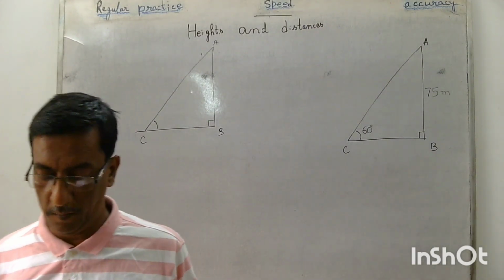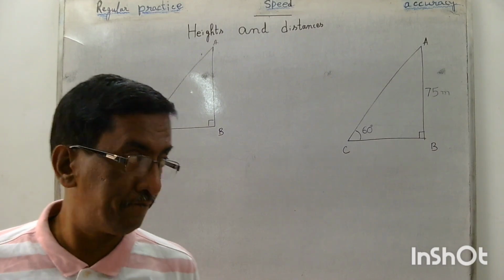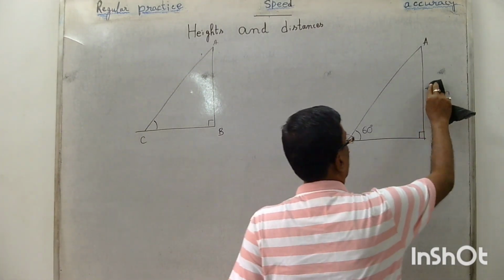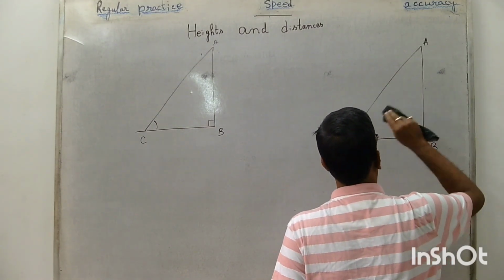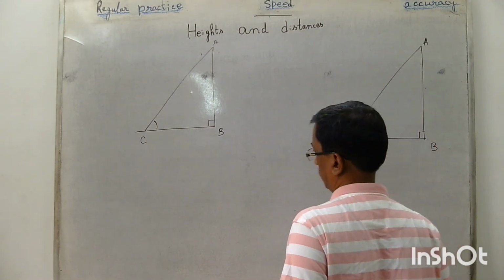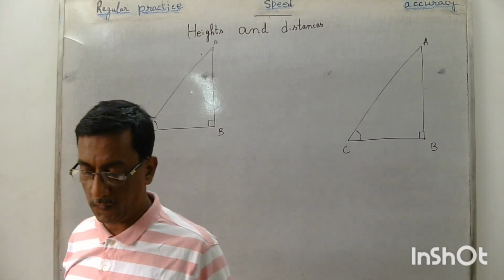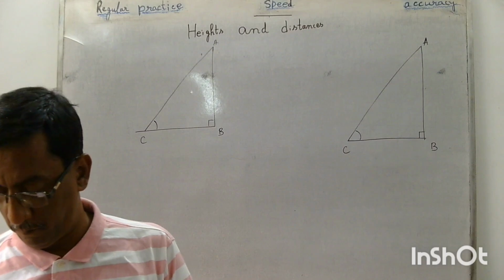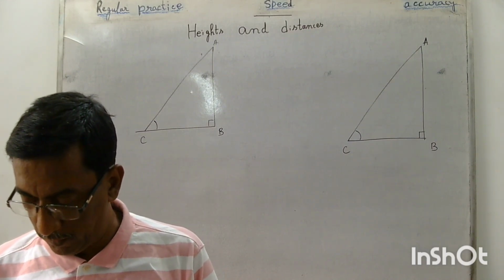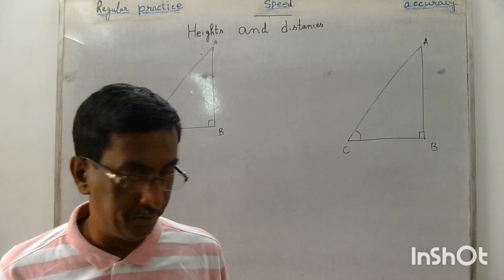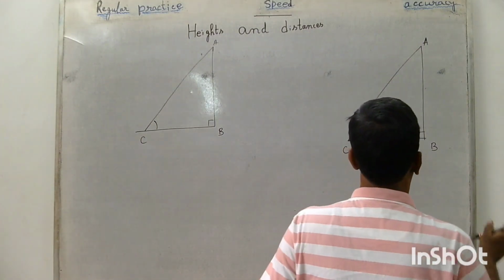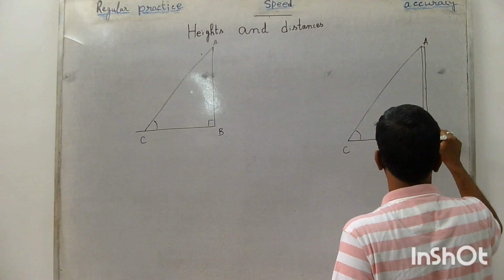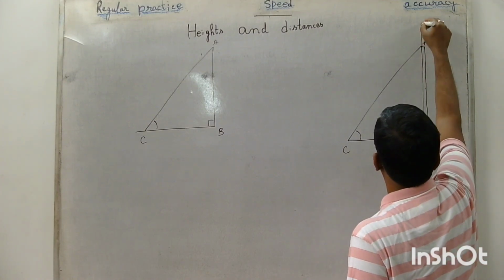Next, problem number 7. A vertical tower stands on a horizontal plane and is surmounted by a vertical flagstaff. Here there is a tower, and here there is a flagstaff.